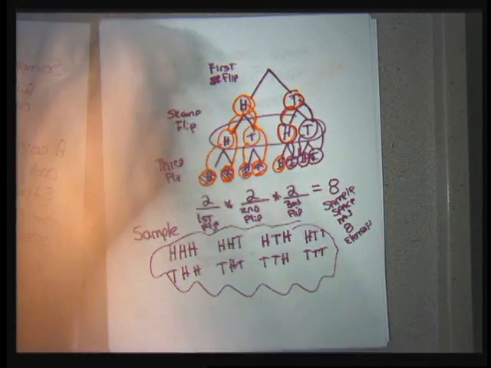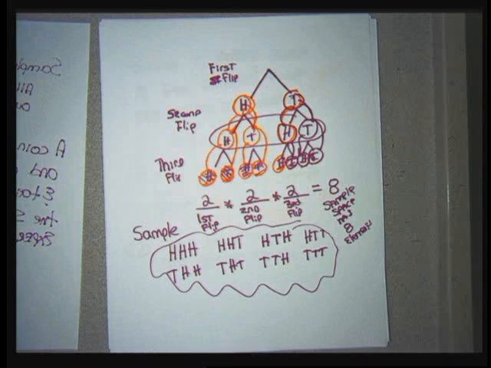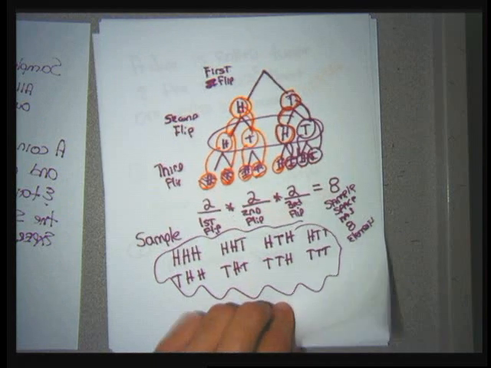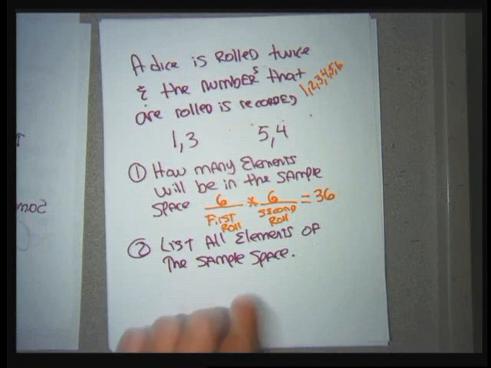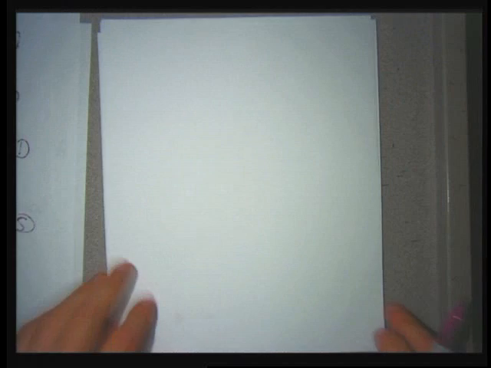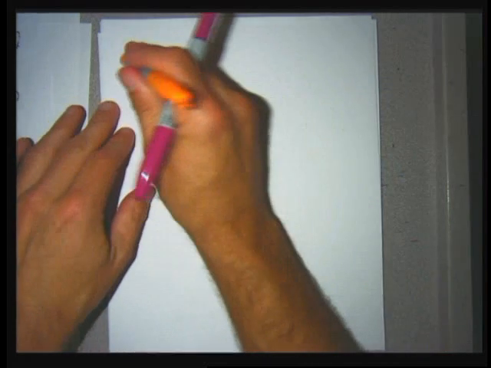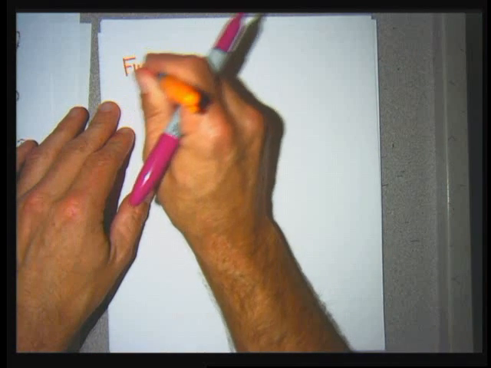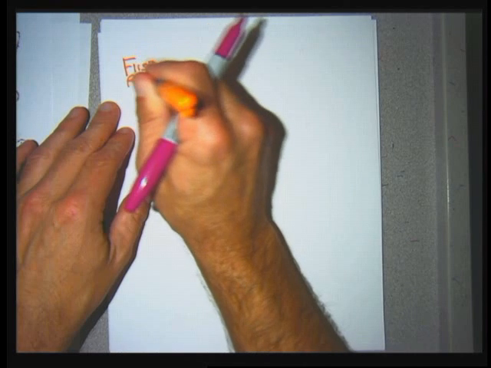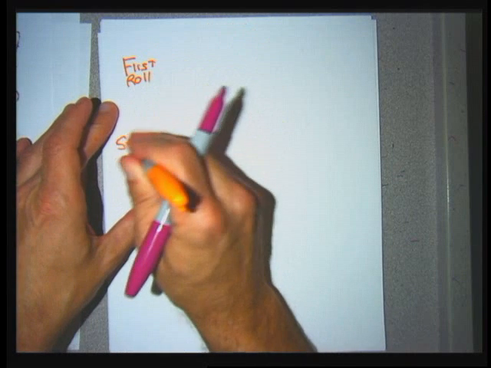I'm going to do first roll, second roll. I won't have a third roll. But I'm going to get more than 2 branches, unfortunately. So when I go to list my sample space, I start to create spots for each roll. I'm making 2 rolls. So I'm going to have a first roll and then a second roll.